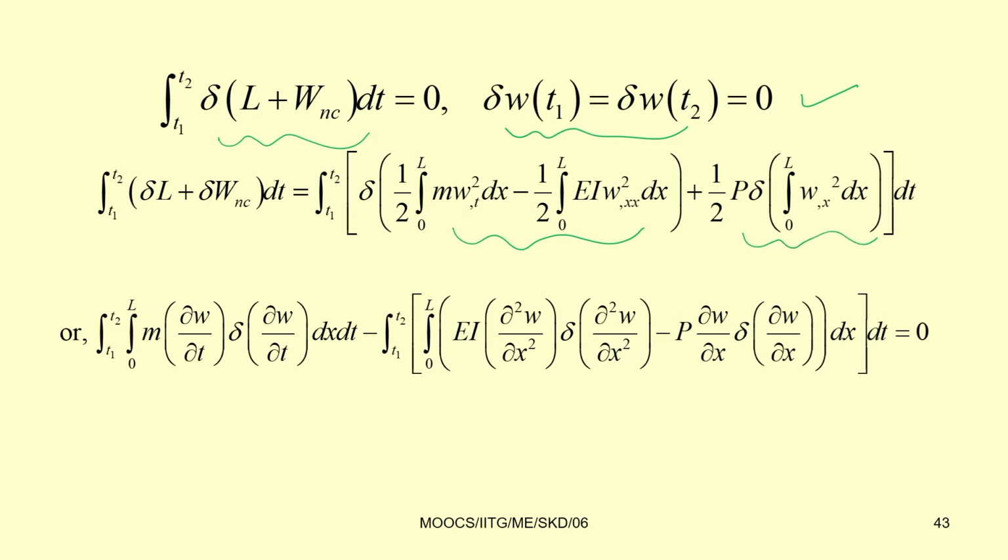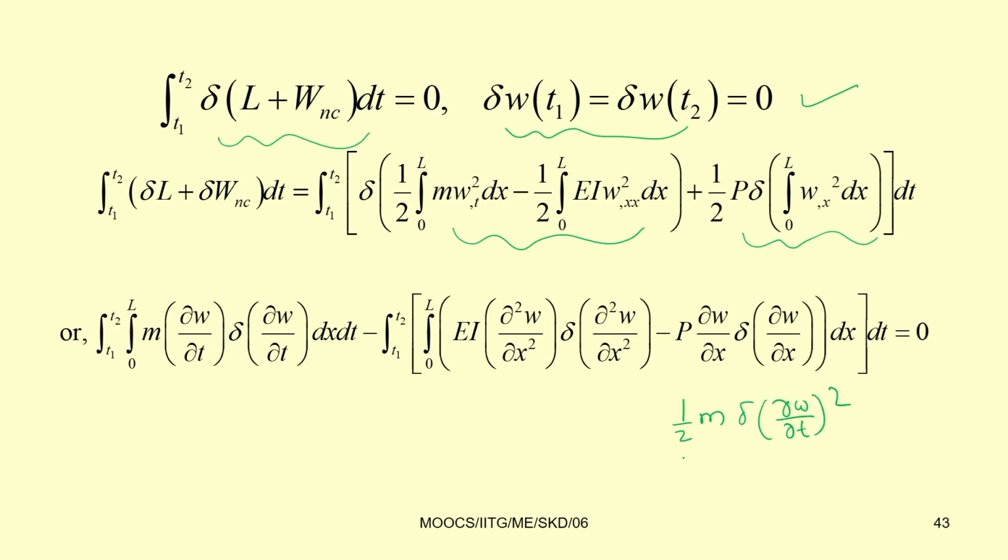Now you just have to expand this by integration by parts. Here, for the m delta part you have to expand, and the other part you take as it is. This is delta of (del w by del t) square.